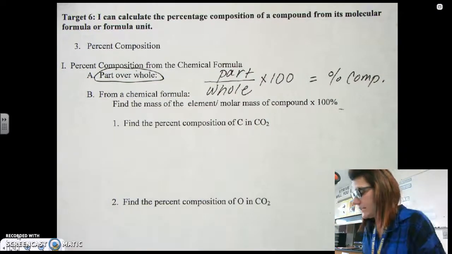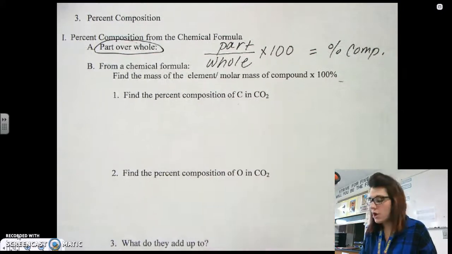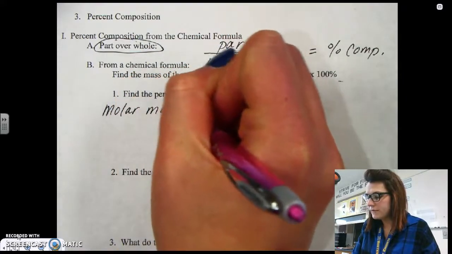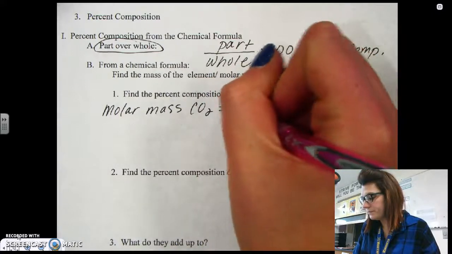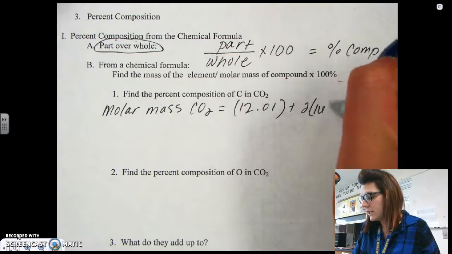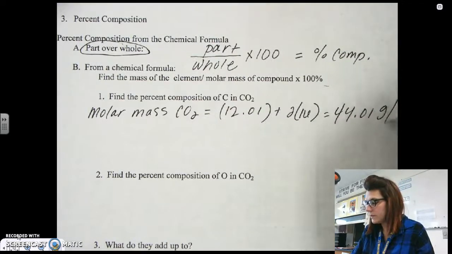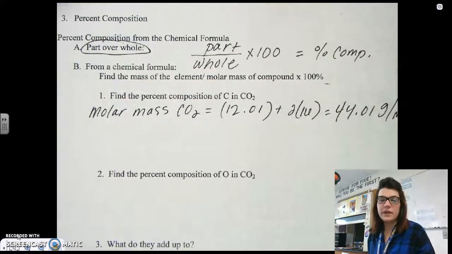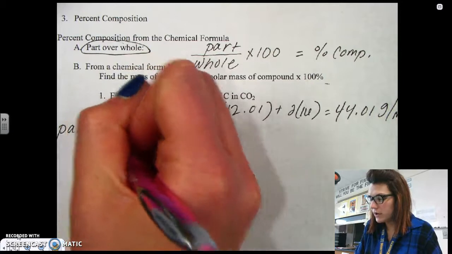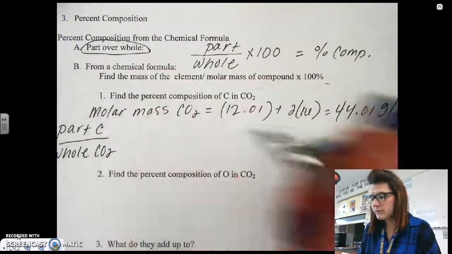So let's try an example here. Let's find the percent composition of carbon inside of CO2. The first thing I'm going to do is find the molar mass of CO2. So I'm going to do 12.01 plus 2 times 16, and that should give me 44.01 grams per 1 mole. So that's going to be the whole. So percent composition for carbon is going to be part carbon divided by whole CO2 times 100.